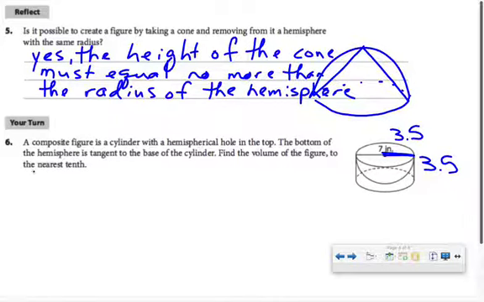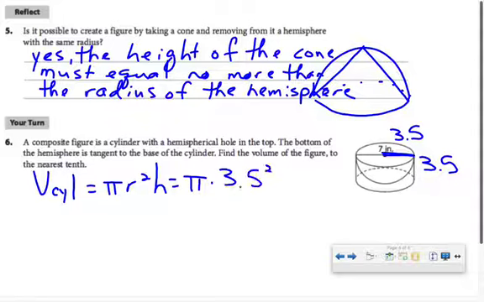Okay, so the volume of the cylinder would be pi r squared h, remember is our formula, so pi times 3.5 squared times 3.5. Which is 134.7 approximately.